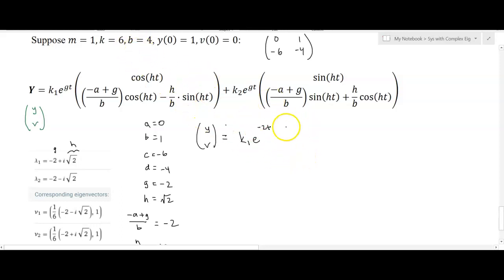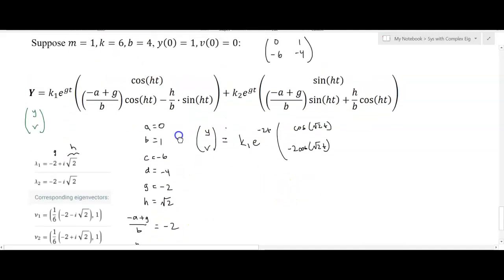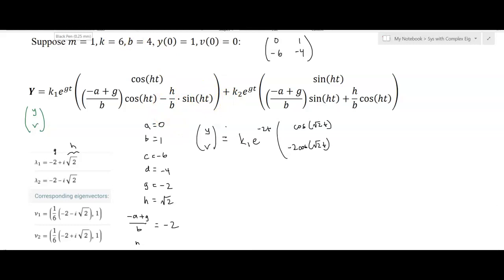We have a damping coefficient of 4, multiplied by cosine of the square root 2 t, and then we will have down here negative a plus g over b is -2 cosine of square root of 2t minus h over b, which we said was square root 2, so minus square root 2 times the sine of square root of 2t.